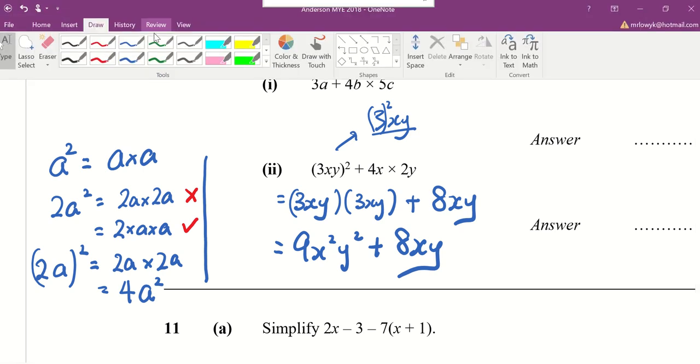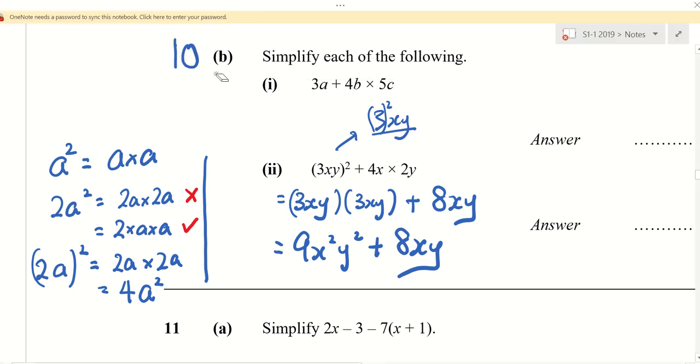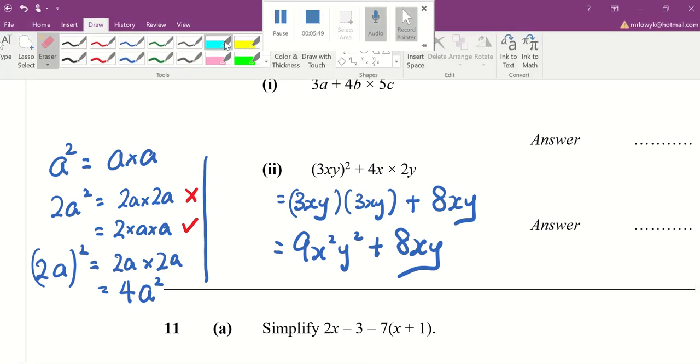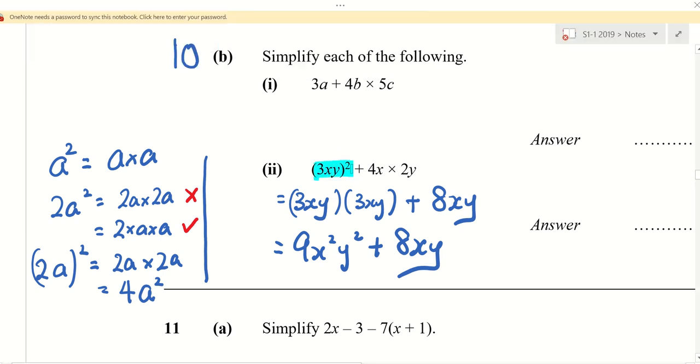Now, let me erase this again. Everyone, do you understand that this is actually this? Let me break it out for you so that it's easy to understand. I have brackets. I also have empty spaces in between them. The bracket itself means what operation?